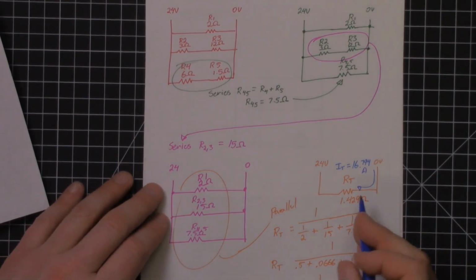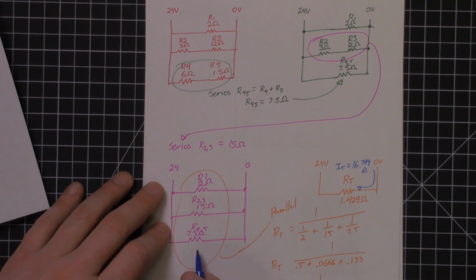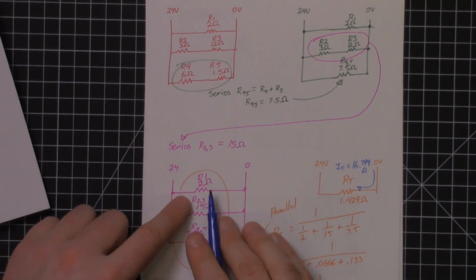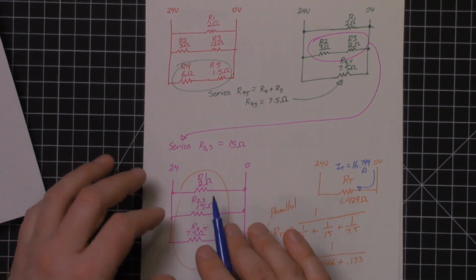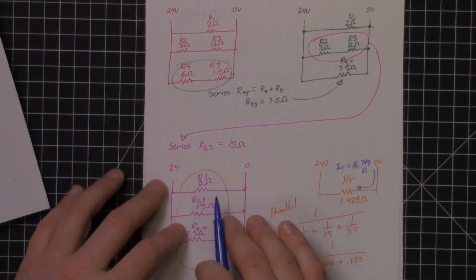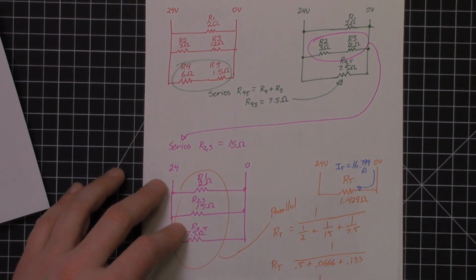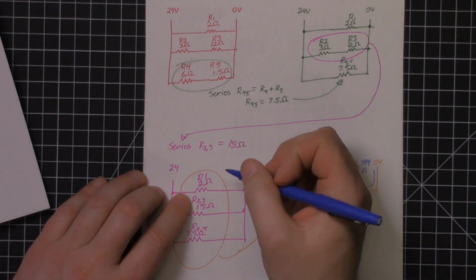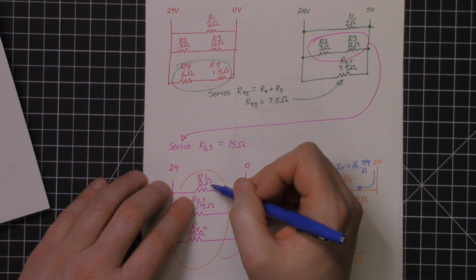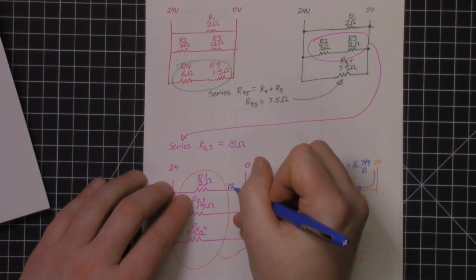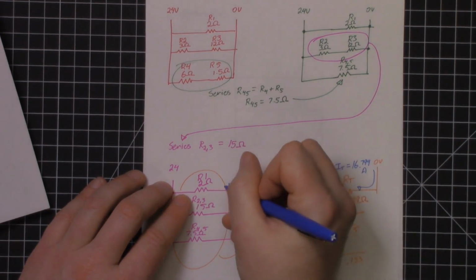Let's push that information forward back here. This is pretty straightforward too. We know that this is a simple parallel circuit. We know the resistance in each branch, and we know that all these amps should add up to 16.8 amps. So let's go through this and figure them out. 24 divided by 2, we're going to have 12 amps in this first branch.